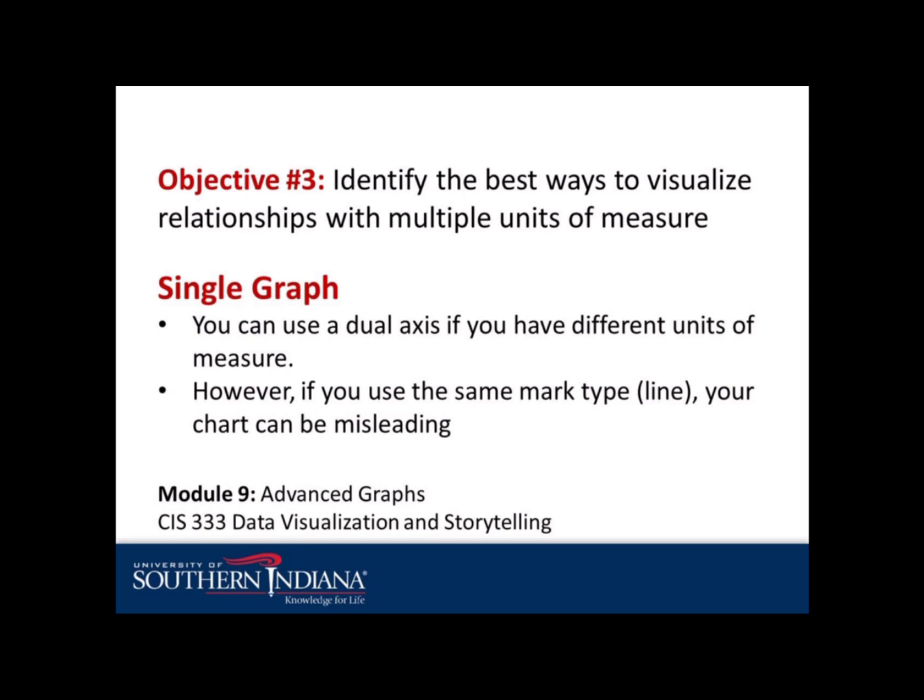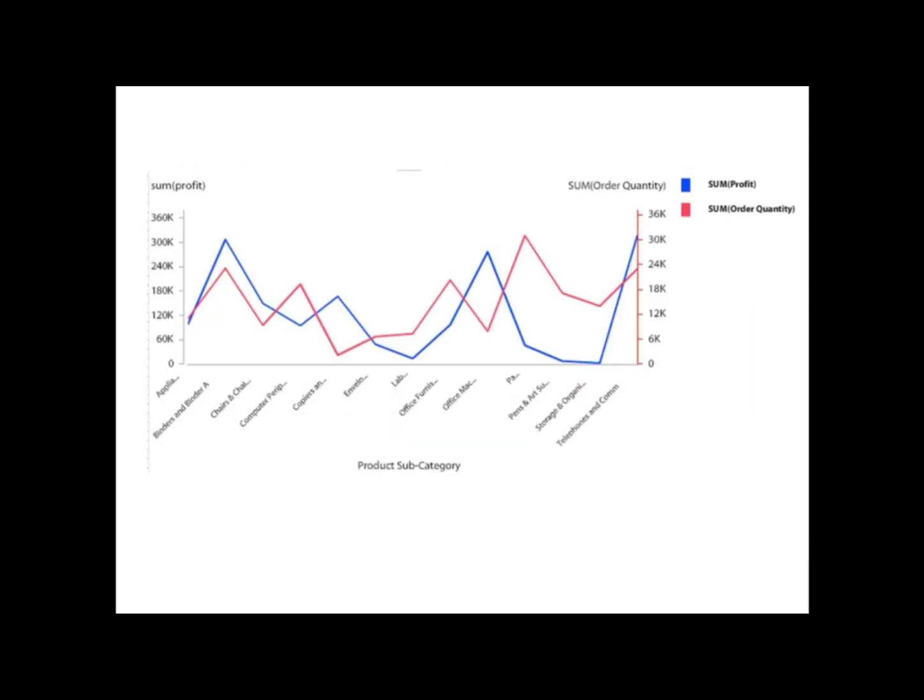And let me show you a little example of that. So this is dual axis. So you can see why it's called dual axis. You have two y-axes. The one on the left, in this case, represents a sum of profit, and that's a currency value. Your axis on the right represents order quantity, so that's a number.